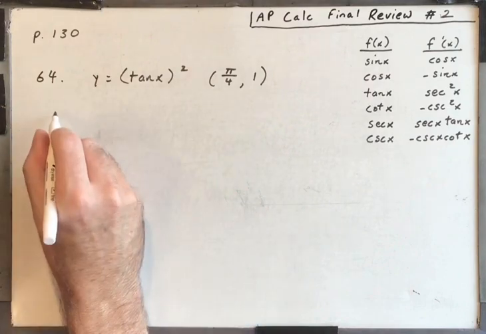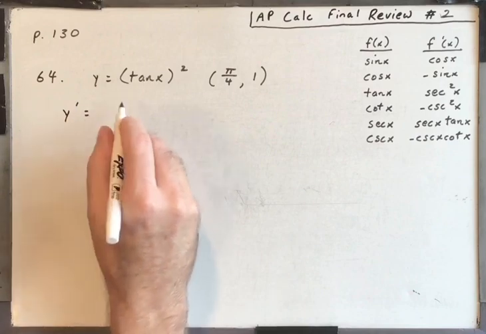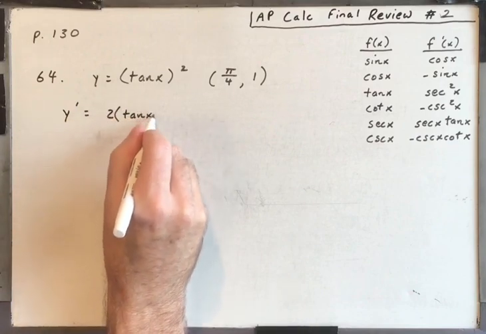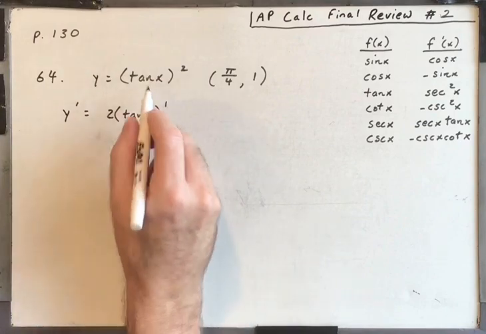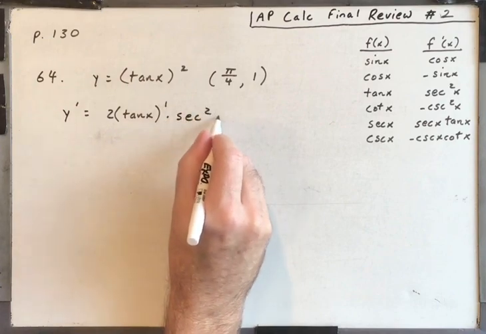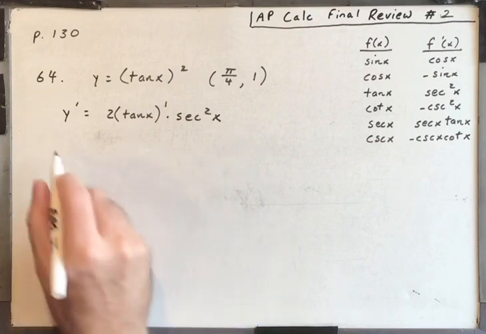Well, in order to get the tangent line equation, we have to take the derivative so we can get the slope. So that's going to be 2 times tangent x to the first power, which I normally wouldn't write, times the derivative of the block. Gosh, don't forget that. It's so easy to forget. Times secant squared x.